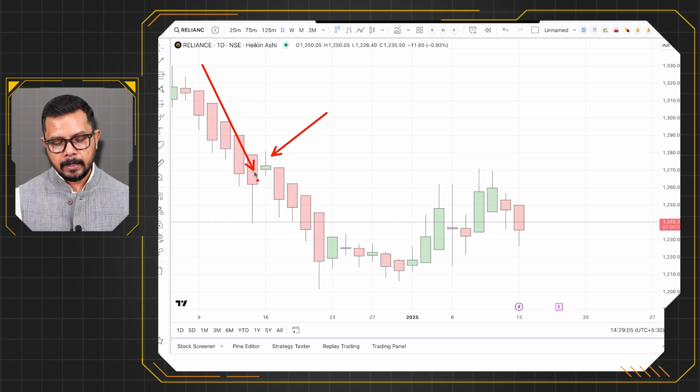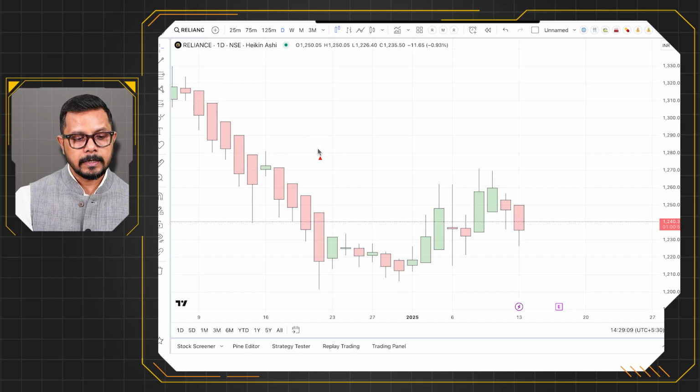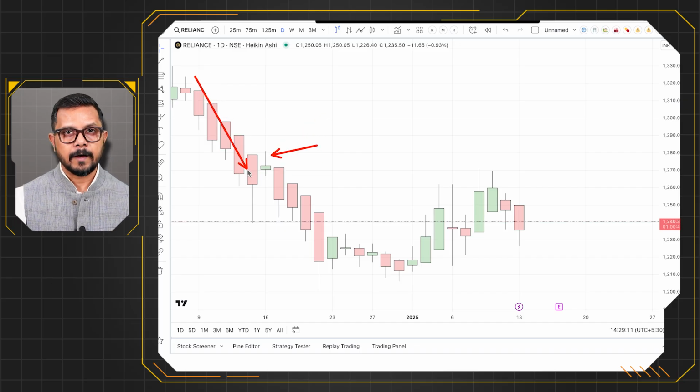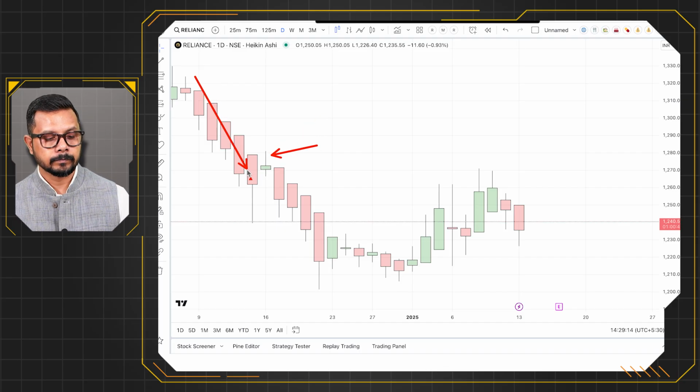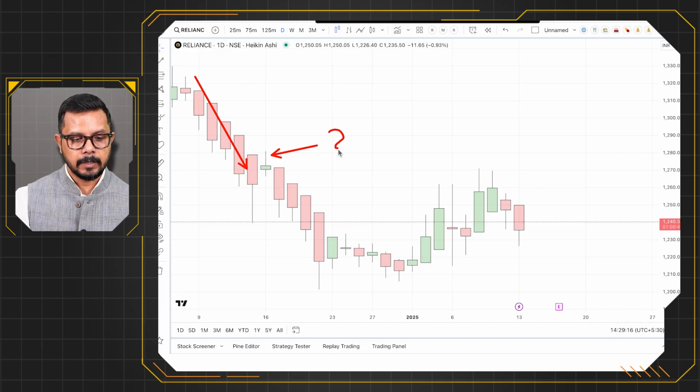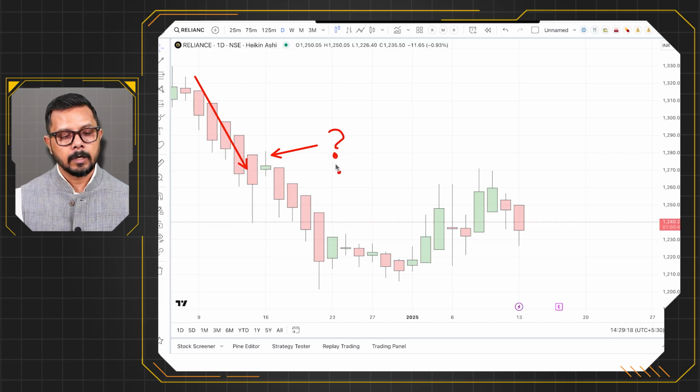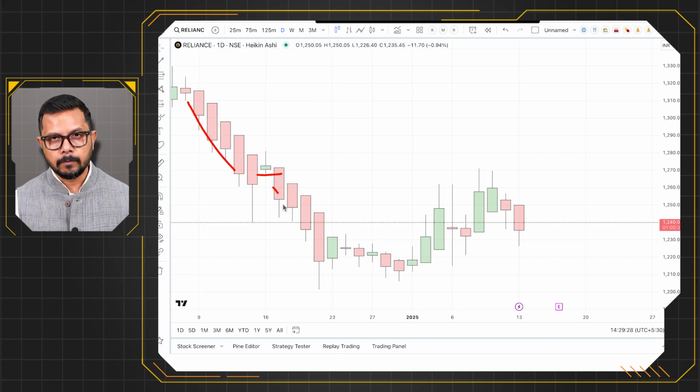So I get a clear indication that this sign of slowdown is after a trend, after a directional move. The analyst in me, the trader in me, raises a question: are you slowing down because the selling is over and you want to reverse? Or you've fallen quite a bit, you're slowing down, and you fall some more.